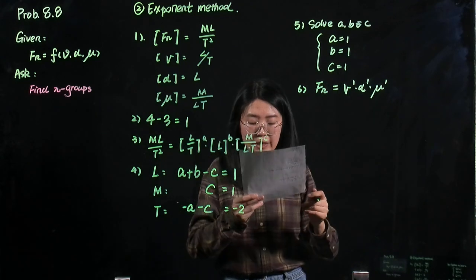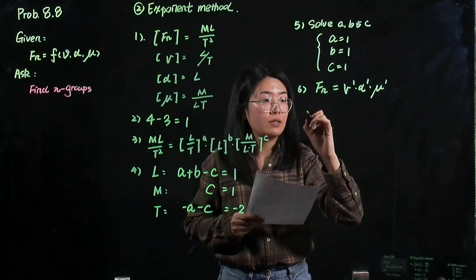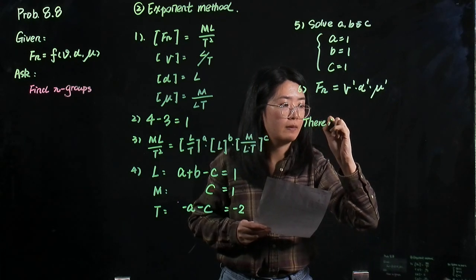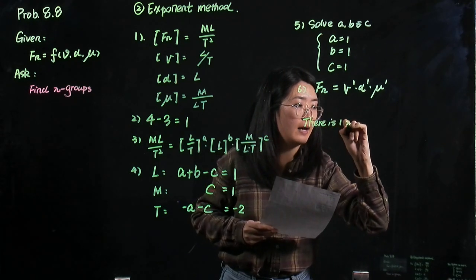So we can make a conclusion that there is only one pi group.